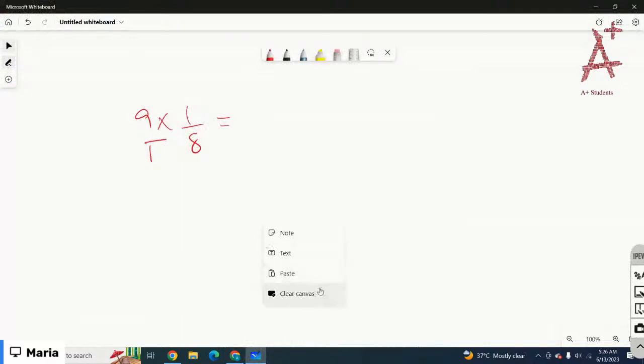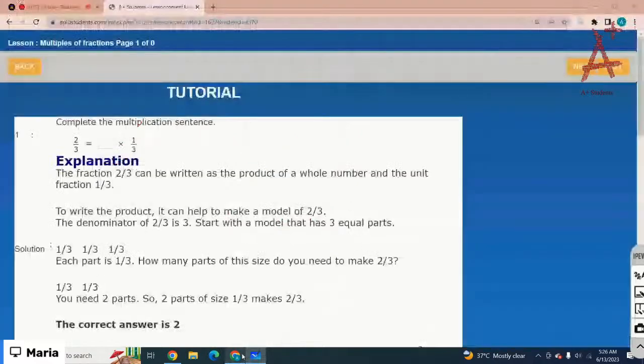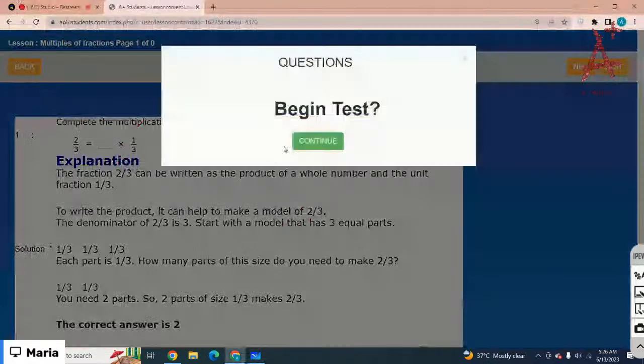So 2 by 3 means you can write it as 1 over 3 and 1 over 3, 1 by 3 plus 1 by 3. So you can write it as 2 times 1 over 3. That is the multiples of 2 times 1 over 3. Let's just start with the practice questions.